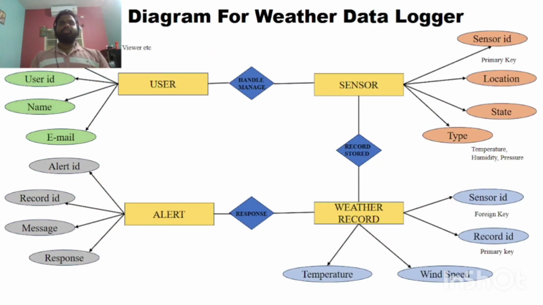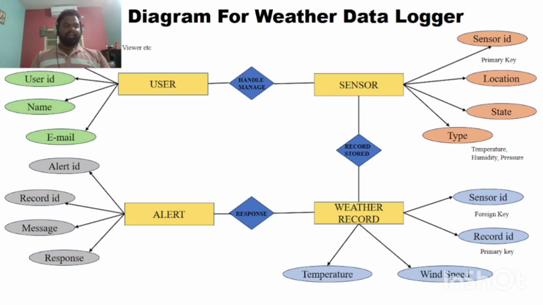And this is the ER diagram for the weather data logger. In this, rectangles are entities, and ovals are attributes. An entity is a real world object, and attributes describe the properties of the entity, like age, name, id.